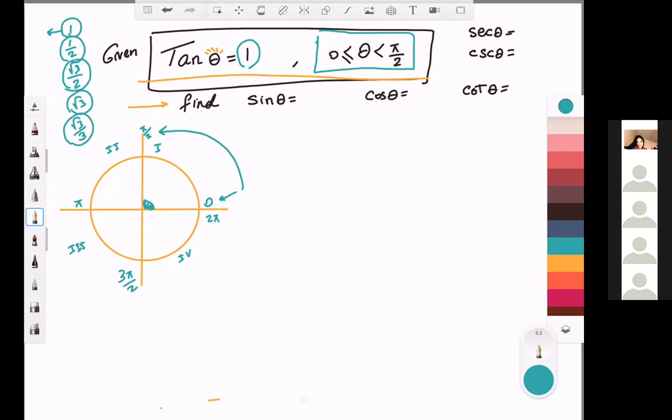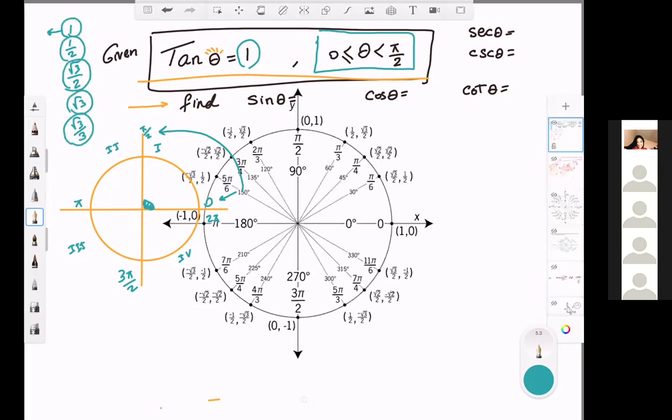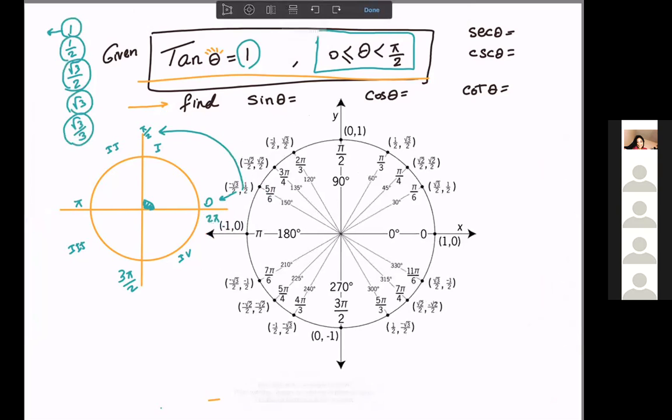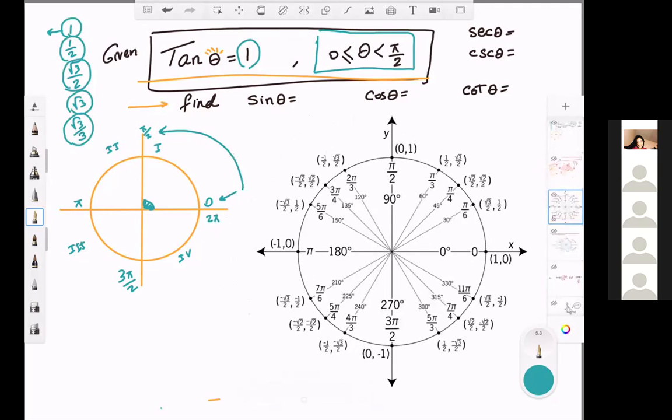If I ask you guys, instead of asking what is sine, cosine, cotangent, cosecant, and secant, solve for theta, what is theta? 45 degrees.